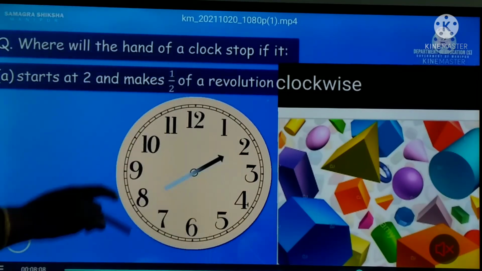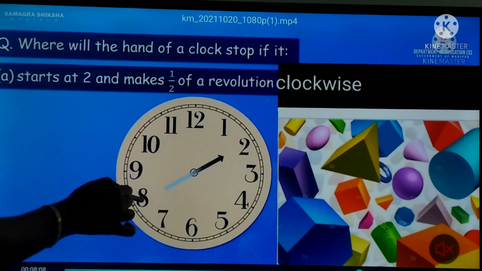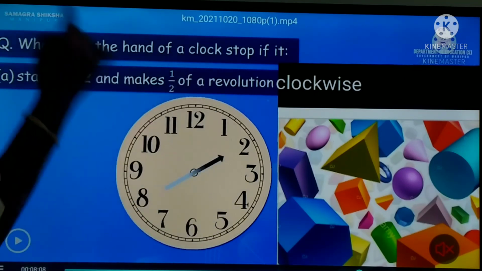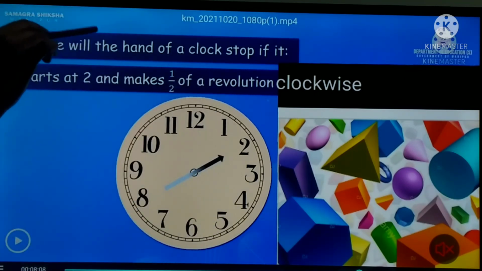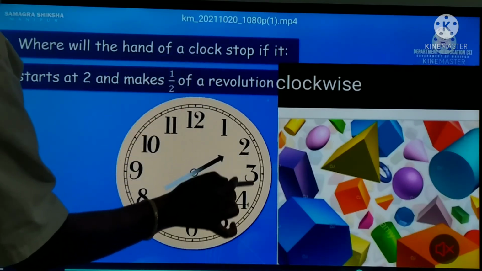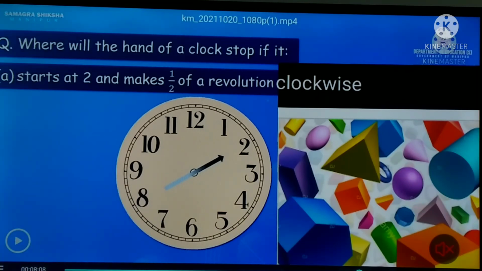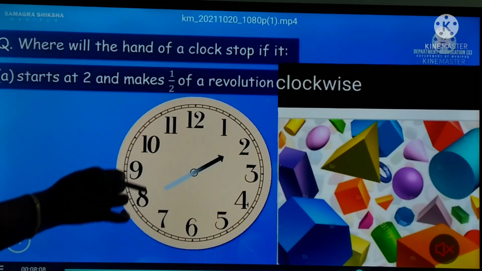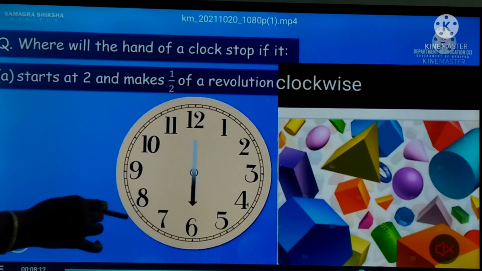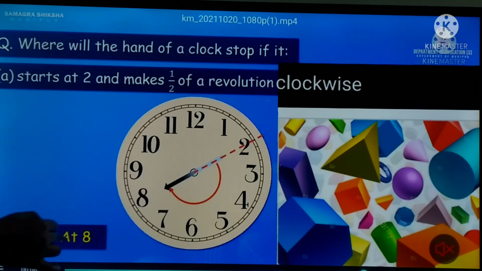So half means quarter plus quarter, 3 divisions plus 3 divisions, total 6 divisions: 1, 2, 3, 4, 5, 6. Where does it stop? It stops at 8. This is half of the revolution, so it stops at 8.